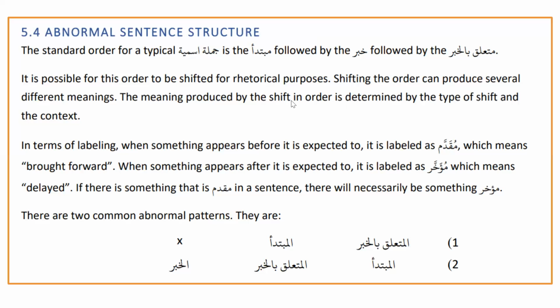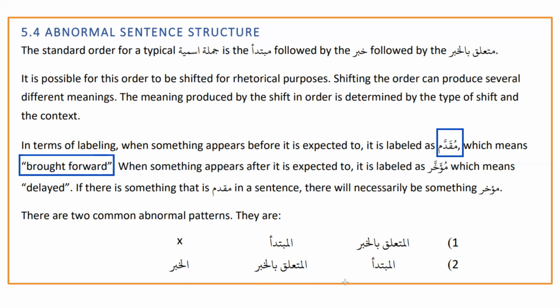In terms of labeling, there are two very important terms over here: muqaddam and muakhar. When something appears before it is expected to, it is labeled as muqaddam. Muqaddam means brought forward. So if khabar comes before mubtada, then it is khabar muqaddam.